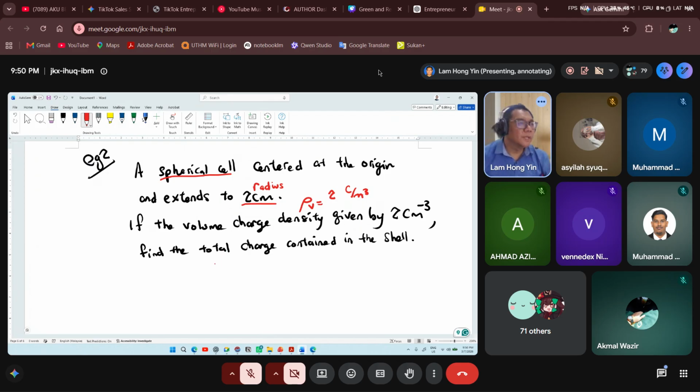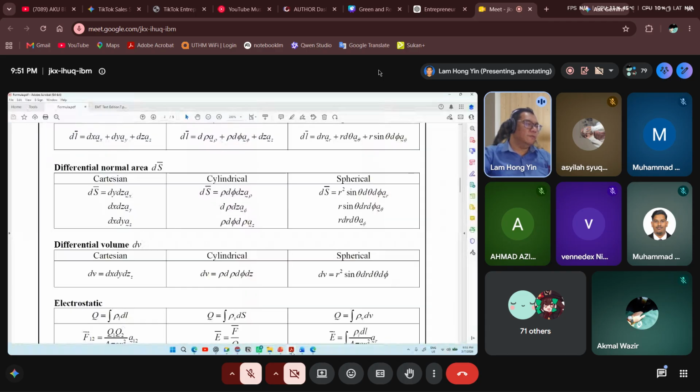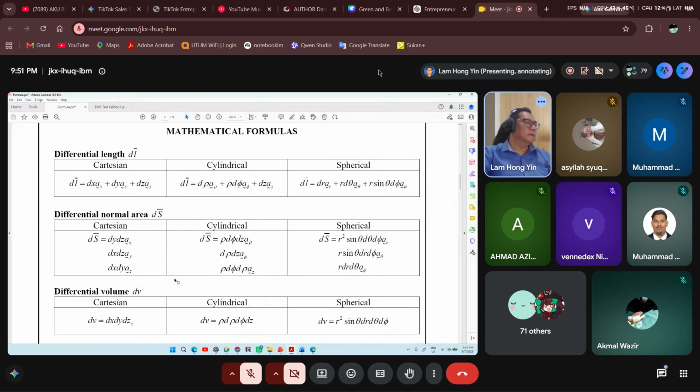Now you know that this one is the volume because it's given to you as the volume charge density. But how do you know which volume formula to use? If you look at the formula over here, you have Cartesian coordinate, cylindrical coordinate, and spherical coordinate.